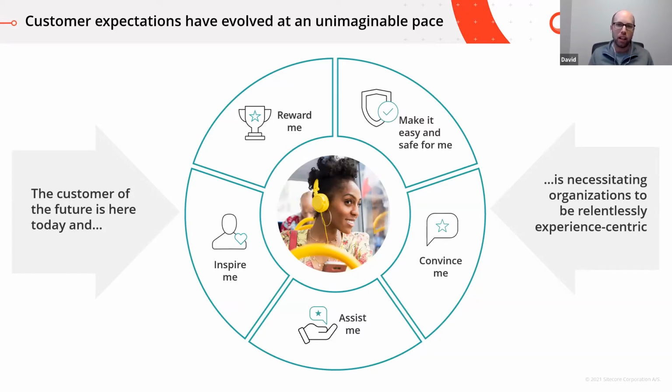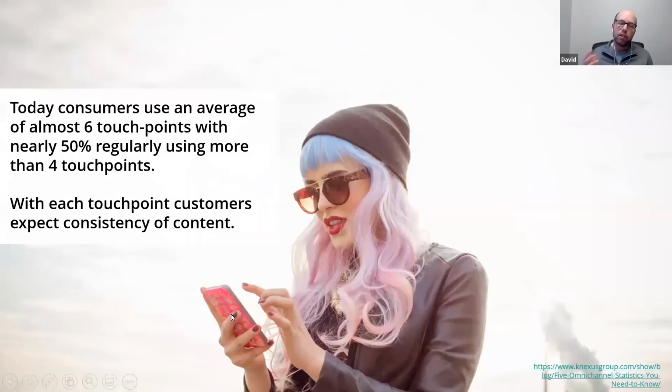We used to think that some of the consumer behaviors that are just commonplace today would still take another 5 to 7 years. But what we know is these are things that make people happy: being rewarded, making it safe and easy, convincing me of something, assisting me, inspiring me. And then there's this other aspect to it, and this kind of brings us to the content problem, right?